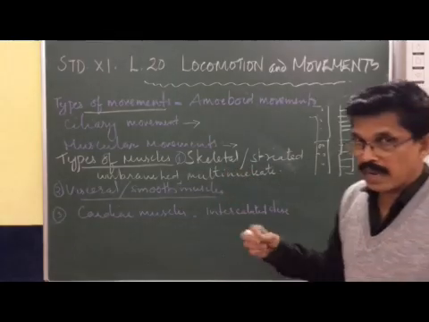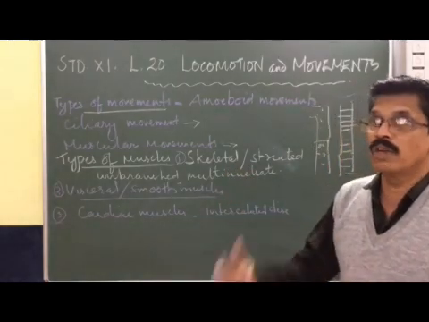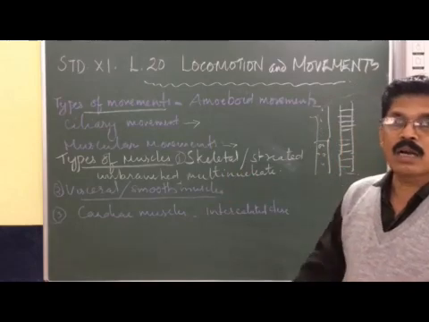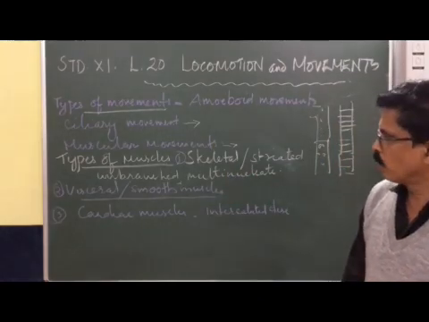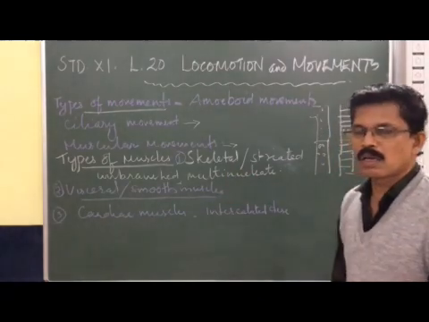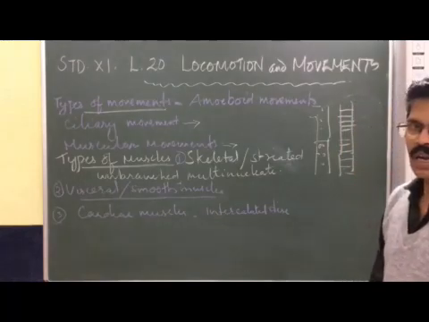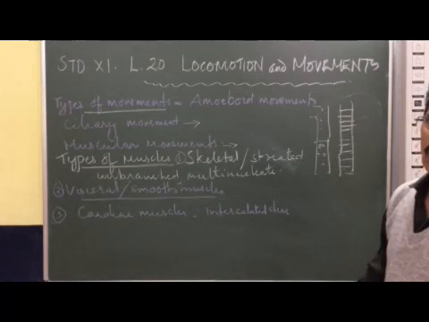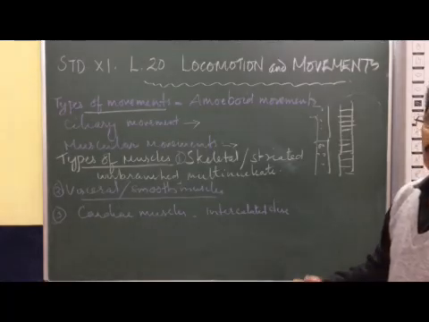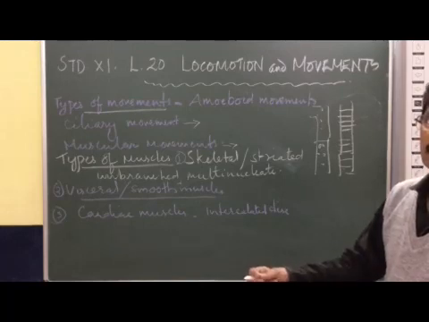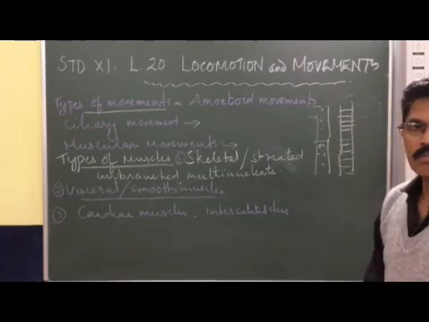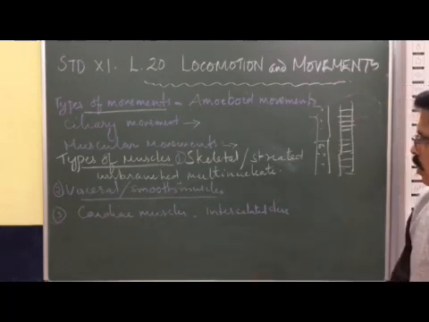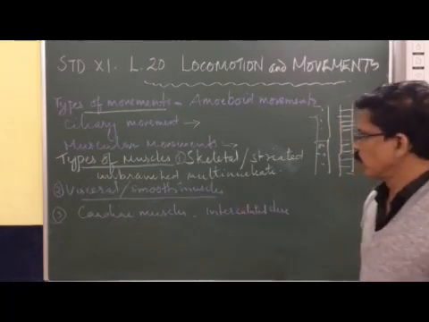They are controlled by our nervous system and we can control them willfully. They are under the control of our nervous system. So we can say skeletal muscles are voluntary muscles. They are under our will and wish. They work according to our need with the help of the nervous system. So they are unbranched and multinucleated.